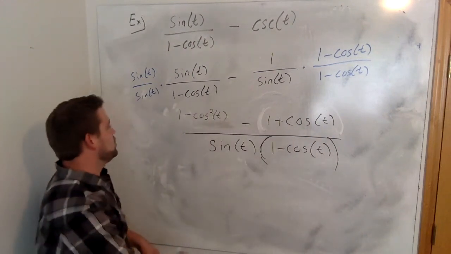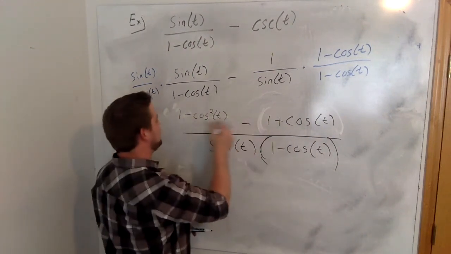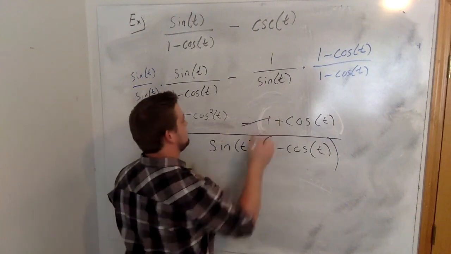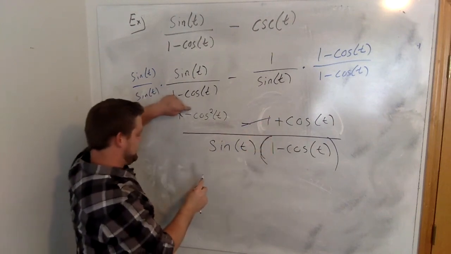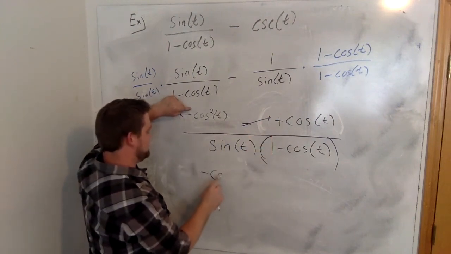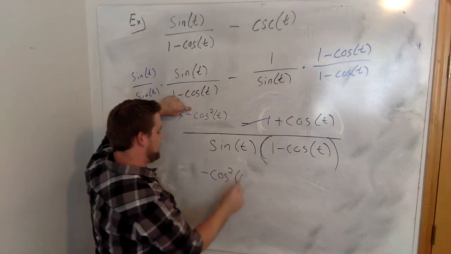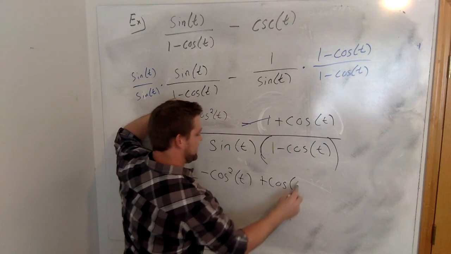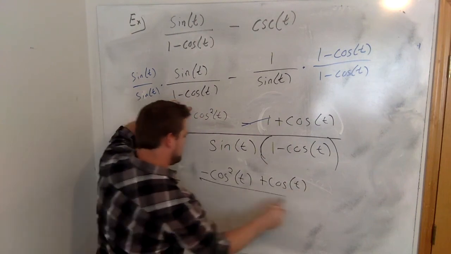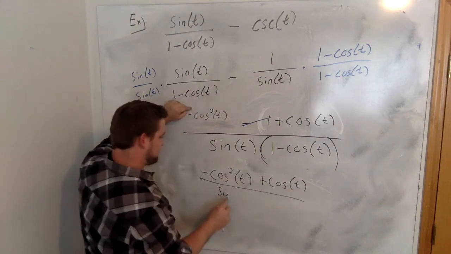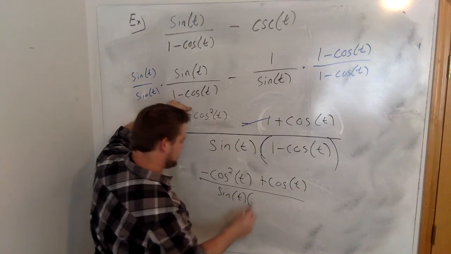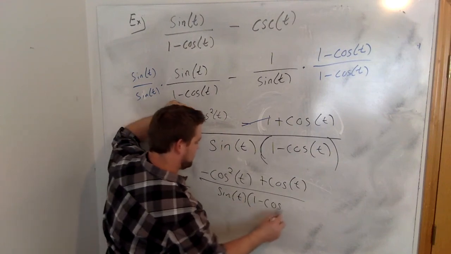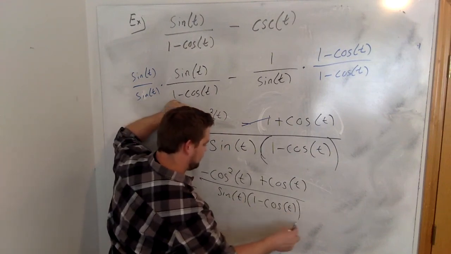Well, I have a 1 here, and I'm subtracting a 1, so these at least cancel. So it looks like we have a minus cosine squared of t plus another cosine of t, all over, we still have the sine of t and then a 1 minus cosine of t.